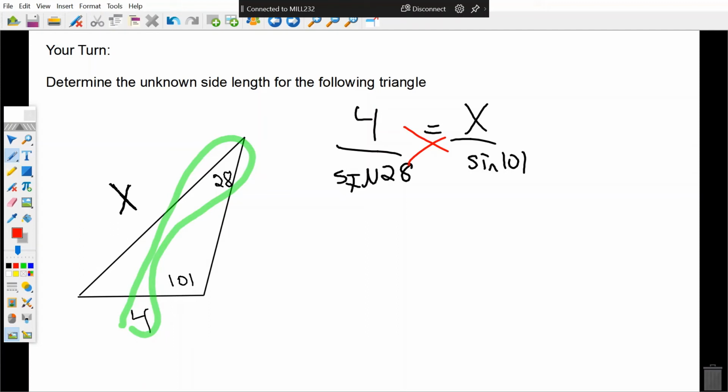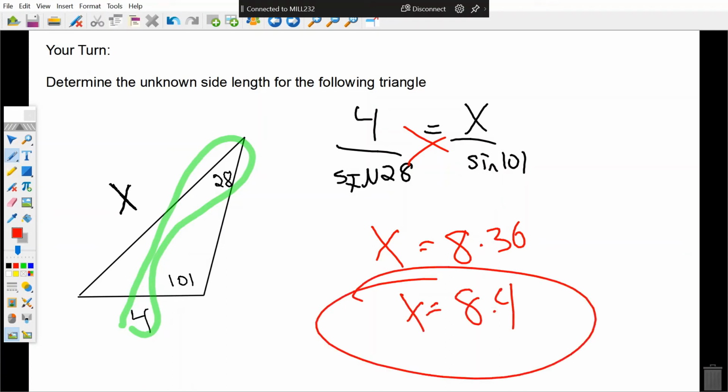Cross multiply. 4 times sine 101, 3.926, divided by sine 28. You're getting that x equals 8.36. If we're rounding to one decimal place, it would be x equals 8.4.